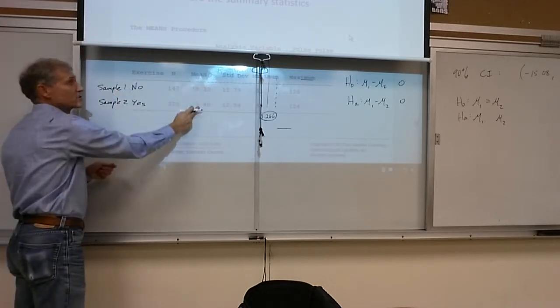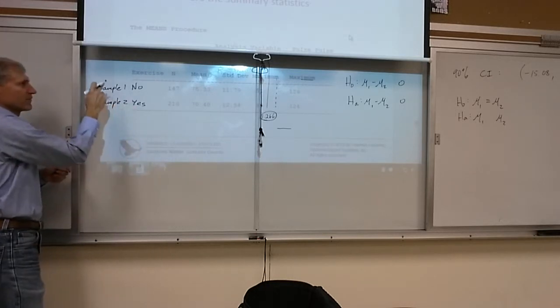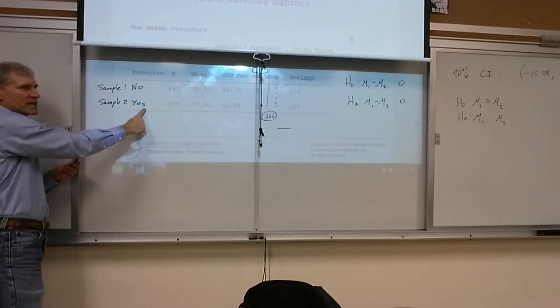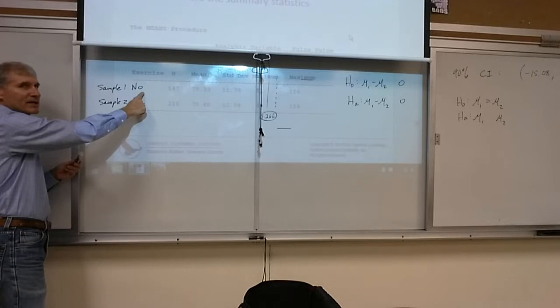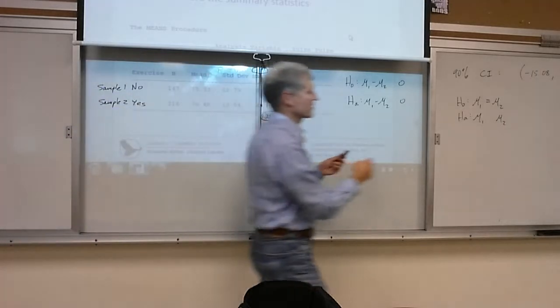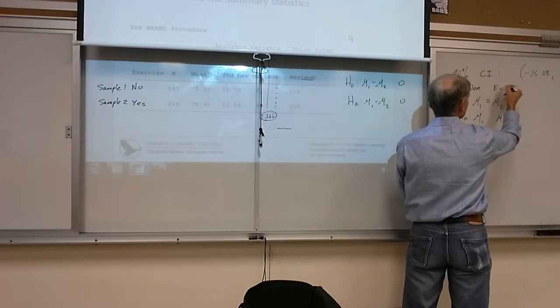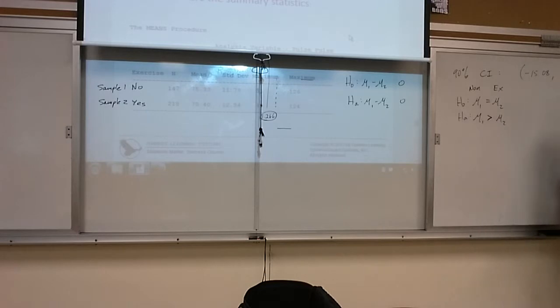And notice the data is going in that direction. But if exercise reduces heart rate, then the exercise mean should be less than the non-exercise mean. But we've got them as non and exercise, so non should be bigger.